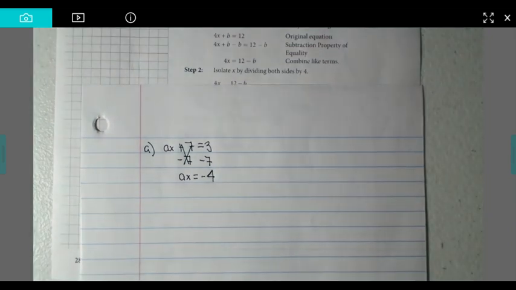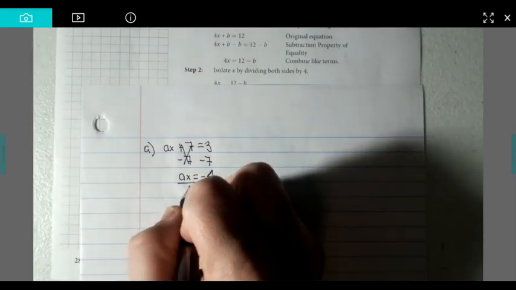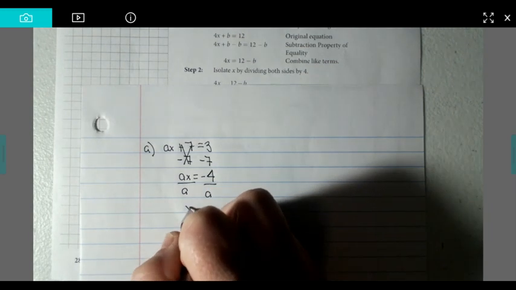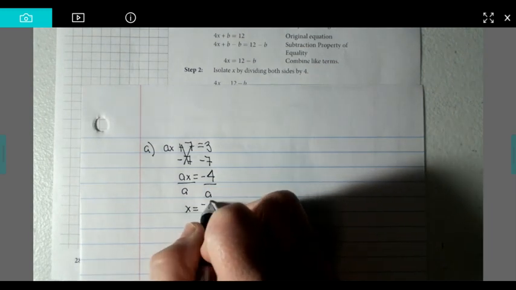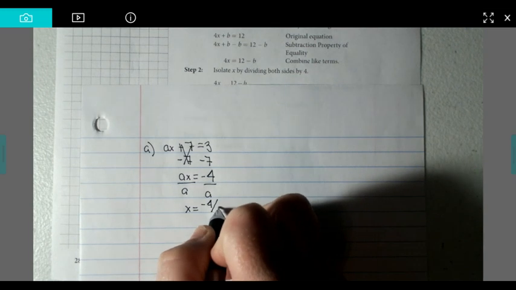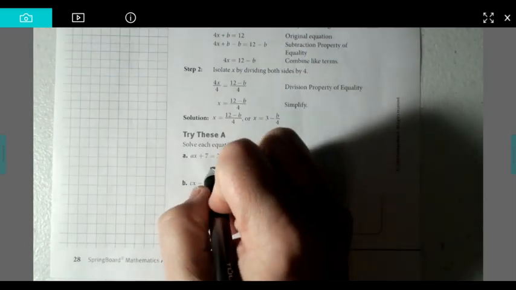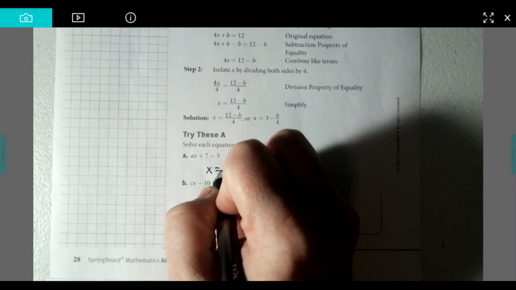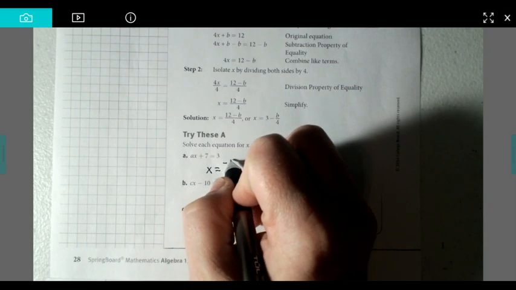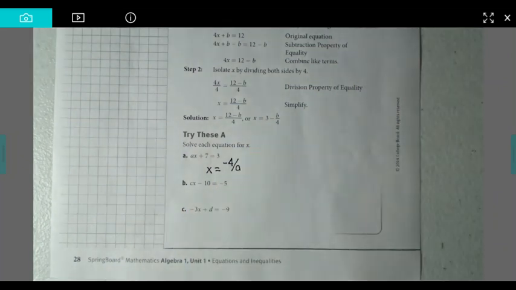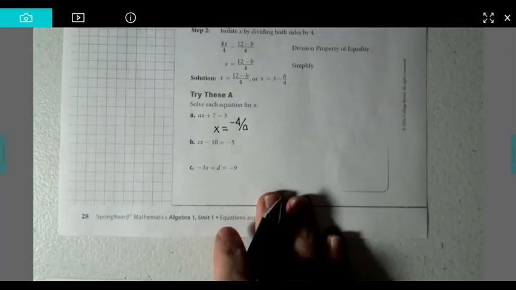Next, we're going to isolate the x by dividing both sides by a. Here I'm left with x equals negative 4 divided by a. So, whenever I solved the first equation for x, I got x equals negative 4 over a. Let's take a look at b.